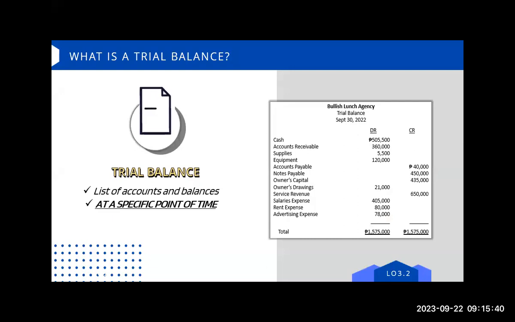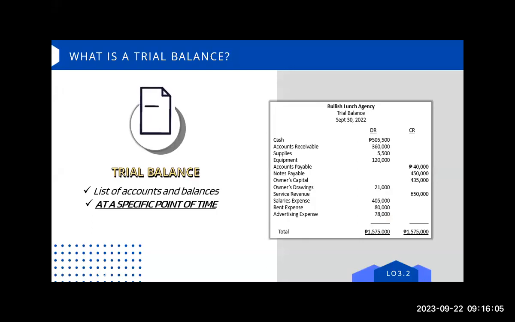So looking at it, makikita nyo kaagad kung sino yung nasa left and nasa right. Cash, AR, supplies, equipment, assets, service, owner's drawings, and expenses all have normal debit balances. On the other hand, the ones on your right, your liabilities, which is basically your accounts payable, notes payable, owner's capital, and your revenues are your credits.